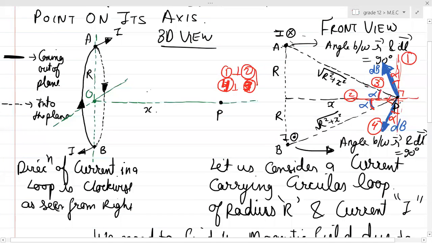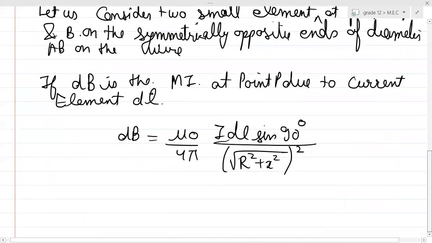If the angle between 2 and 3 is alpha, then between 1 and 4 it should also be alpha. Are you getting my point, guys? So if this angle is alpha, then this angle is alpha, and if this is alpha, this is also alpha.